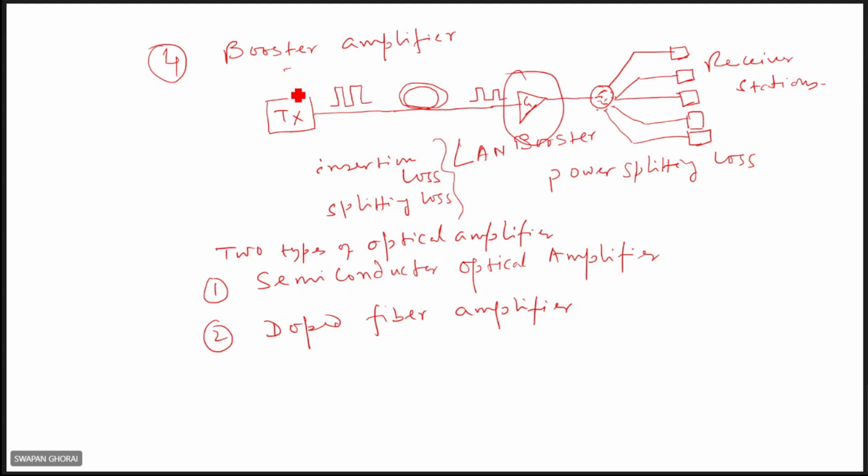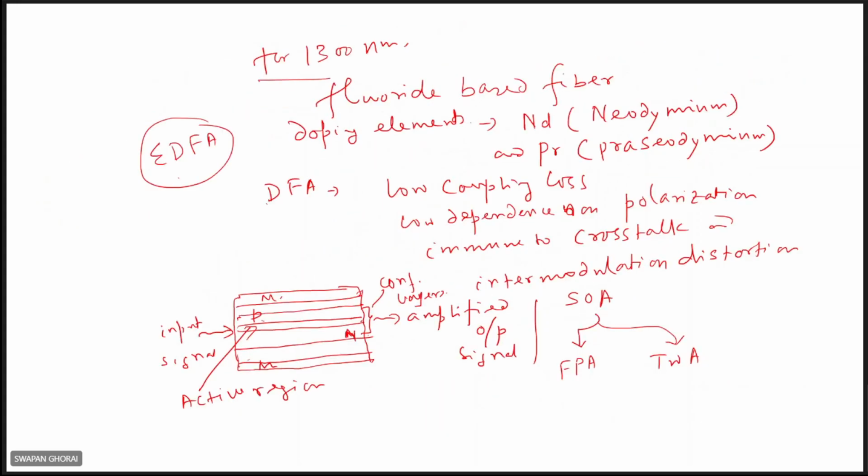So you can have 4 types of amplifiers, and they can be of two types. I told you: semiconductor optical amplifiers or doped fiber amplifiers. In semiconductor optical amplifiers, a III-V compound semiconductor is used, very similar to laser structures. These are laser structures, where 3 layers are there.